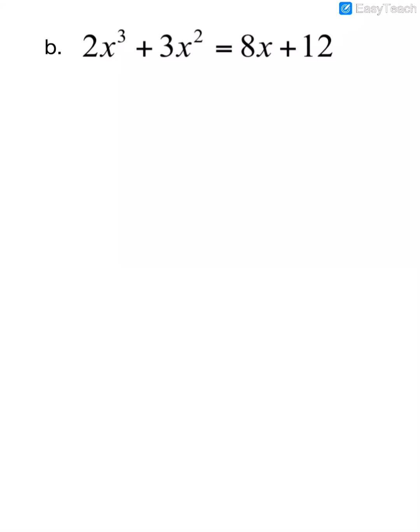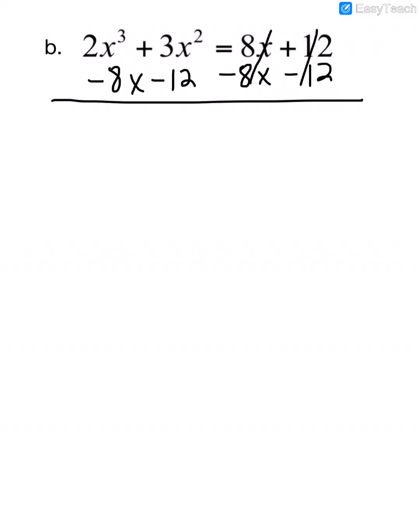Alright, let's try another polynomial equation. Again, we want to get everything on one side in descending order. So I'm going to subtract the 8x from both sides of the equation, and I'm also going to subtract 12 from both sides of the equation. You could do that in 2 separate steps if you wanted to, but I'm going to do it all in one step.